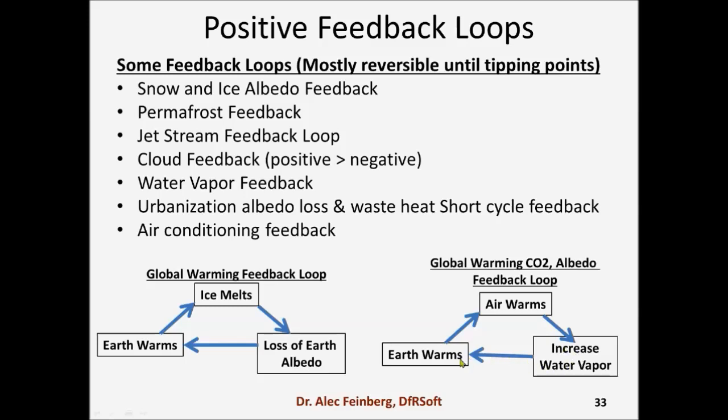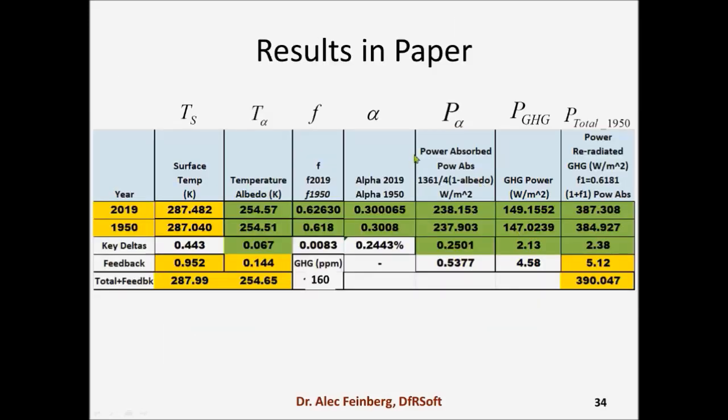That causes more greenhouse effect, which warms the earth. Warming the earth causes the air to expand. We get another positive feedback loop, and this is the one that people are most worried about. You can look up these other feedback loops, and there's plenty of information on Google or on YouTube. So we just went over a couple of those.